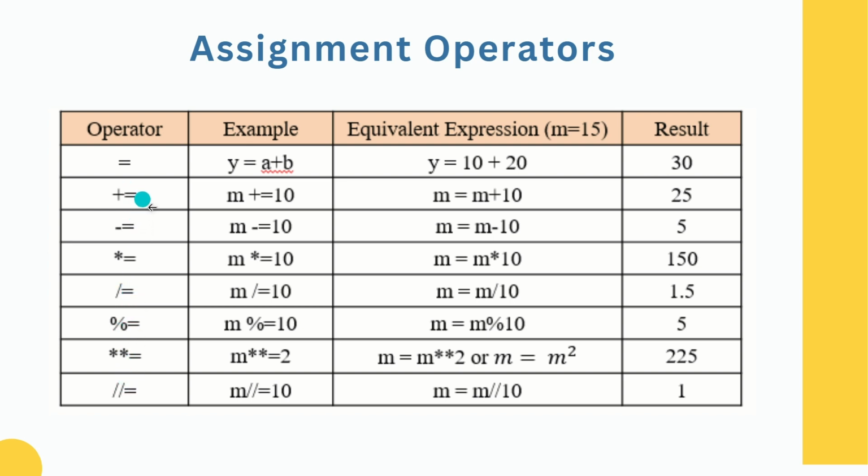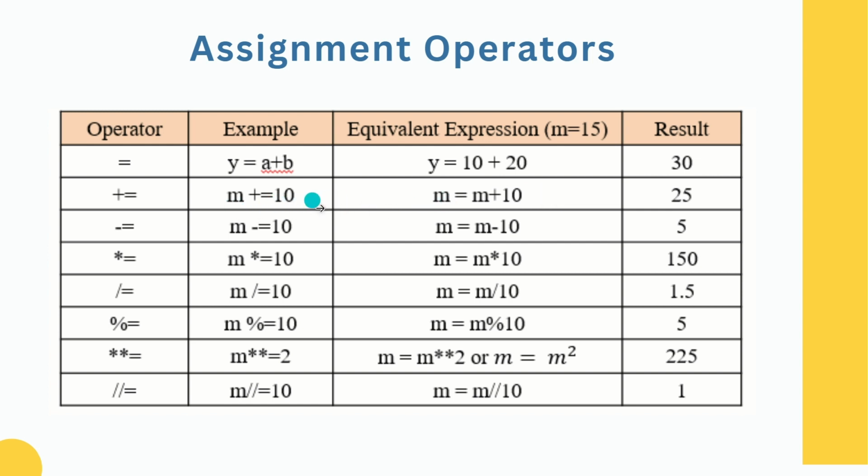When you add equal to in front of it, it is an assignment operator because after doing that calculation, the value is then assigned to the variable present on the left side. For example, if you write m plus equals 10, you can simplify it and write it as m equals m plus 10. So it is for your better understanding. These both work the same.